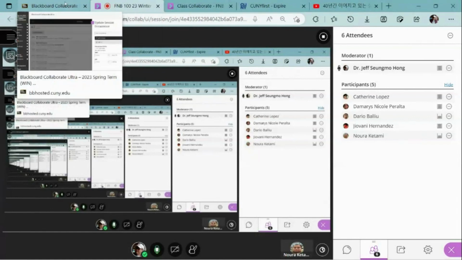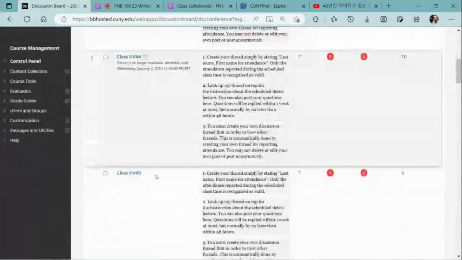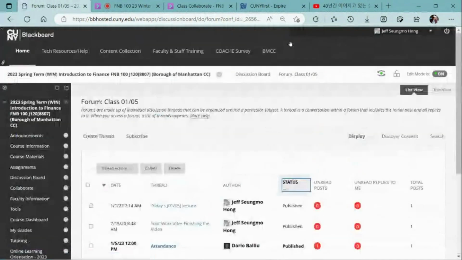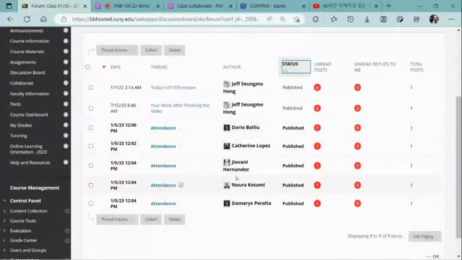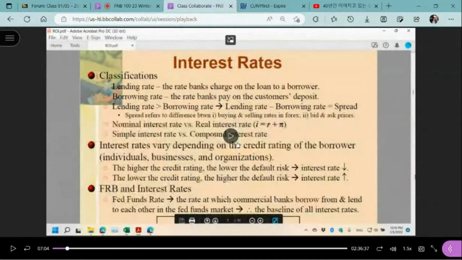Let me quickly check how many are in the sign-in sheet or discussion board. The fifth. Okay, I see, 5 people. Well, I'm sure the rest of the class is going to catch up pretty soon. So, without further ado, let's get started, and we'll pick it up from where we left off.